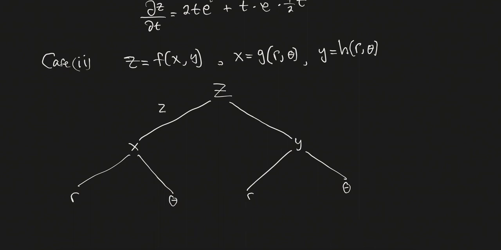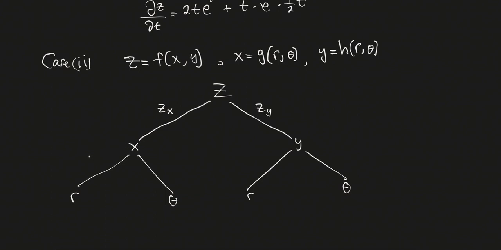I'll use the subscripts, right? A little bit faster, a little bit more efficient, and just label each branch with the appropriate rate of change or derivative. And it's always the derivative of this variable, the one that's directly above, with respect to the one that's directly below, right?